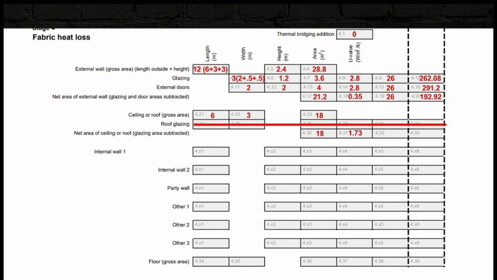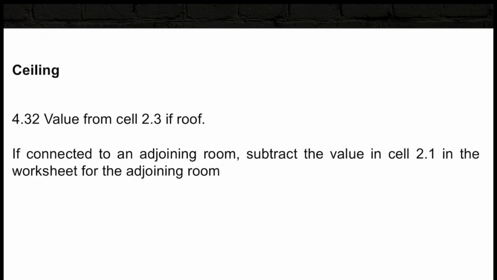Box 4.32 is the temperature differential. Now, we've been utilising 26 degrees up till now, but this is not indoors to outdoors. It's from the living room to the rooms above. So to ascertain that, we need to know the design indoor temperature for the rooms above.